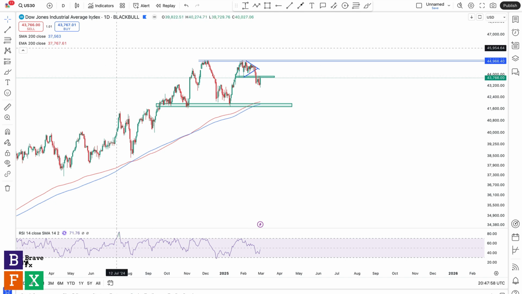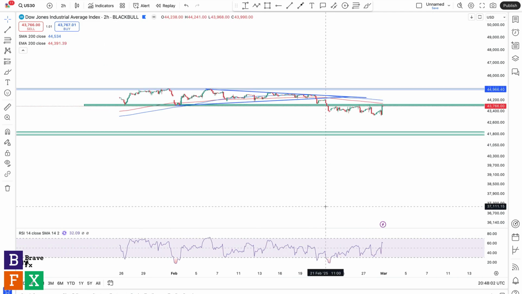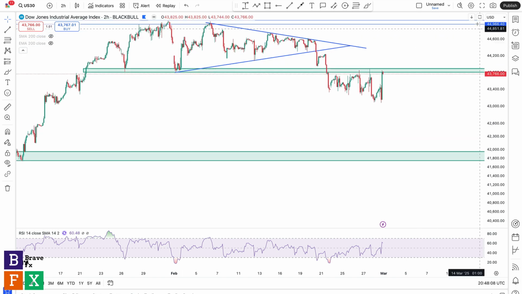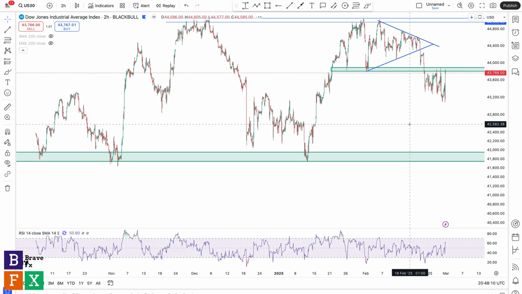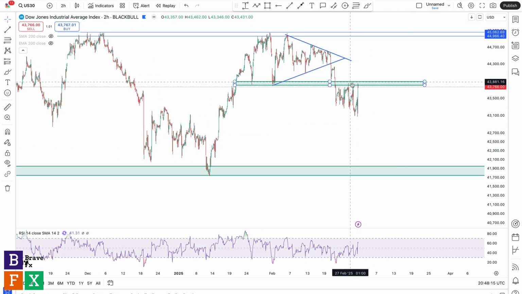So going back to the lower time frame, let's say the 2 hours time frame, for example. Now I'm going to get rid of my moving average. Let's just adjust the chart slightly. On the 2 hours time frame, we seem to be rejected around this area of value.